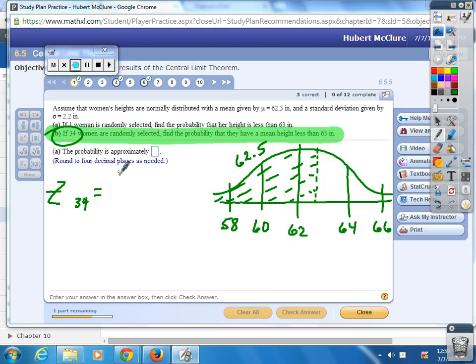So x is 63 minus 62.3, divided by 2.2 divided by square root 34. What is square root 34? It's 5.8. Right? Yes, Hubert. Because we're using our head. But go ahead and use your calculator. What's the square root of 34?